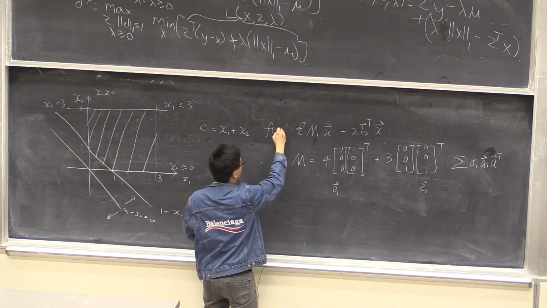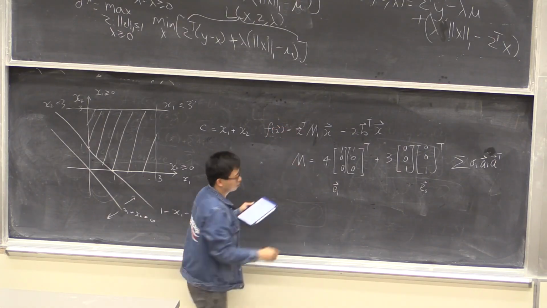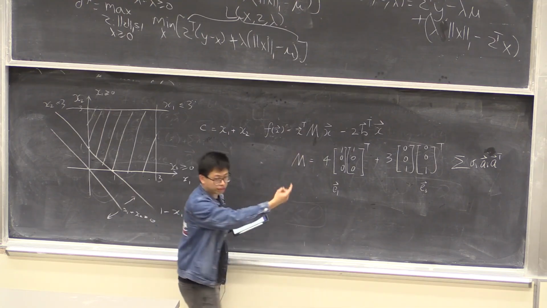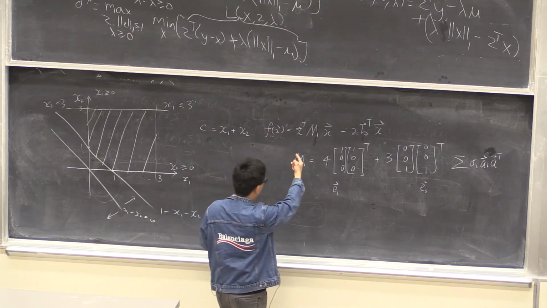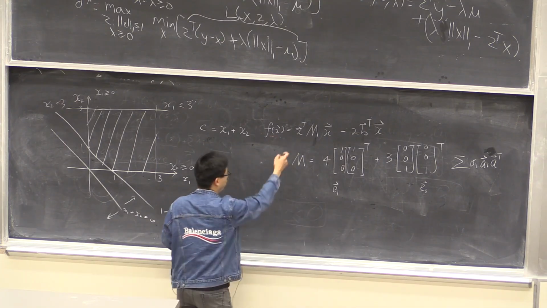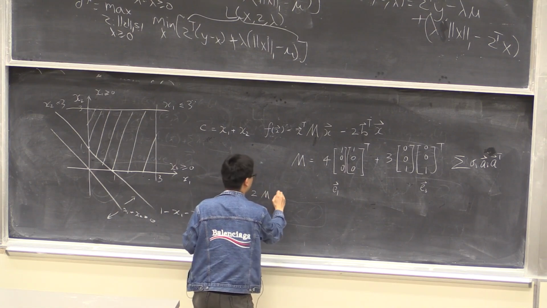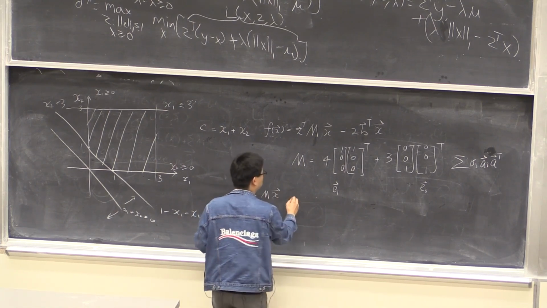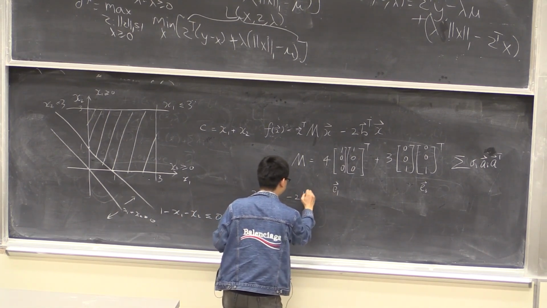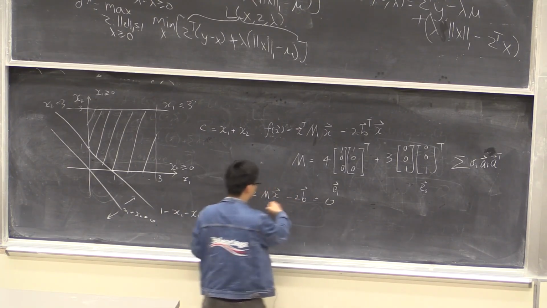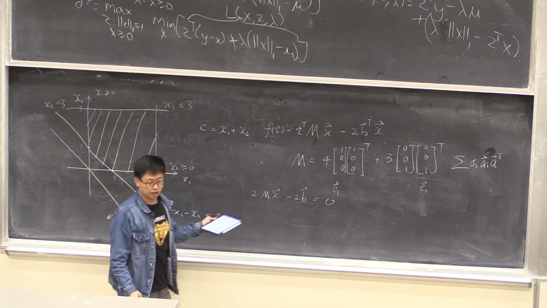For optimality, we can take the gradient with regard to x, and we get 2Mx minus 2b equals 0.